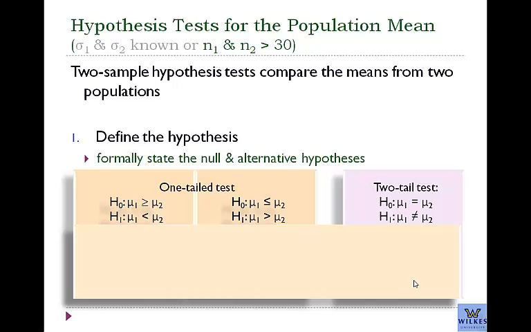That could be something like female IQ scores are smaller than male IQ scores. Or, on the right, the one-tail test where mu1 is bigger than mu2: male IQ scores are bigger than female IQ scores. For that two-tail test, the null would mean male and female IQ scores are the same, or gender has no impact on IQ score.